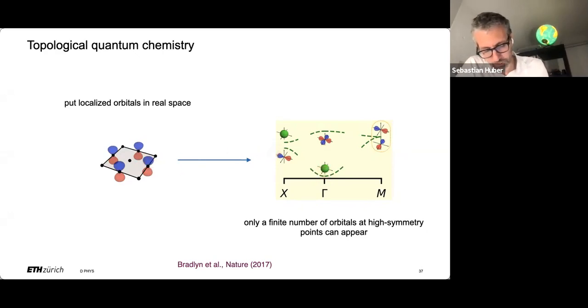And what you see coming over here is that if you take this type of localized orbitals, you have to have this type of orbital content at high symmetry points in the Brillouin zone. That's just representation theory. But then you don't just put one type of pz orbitals at one location in the lattice.